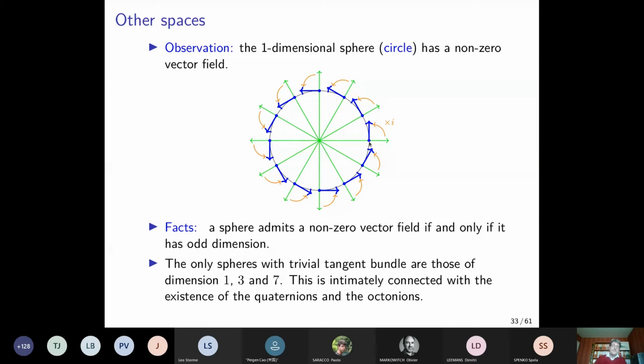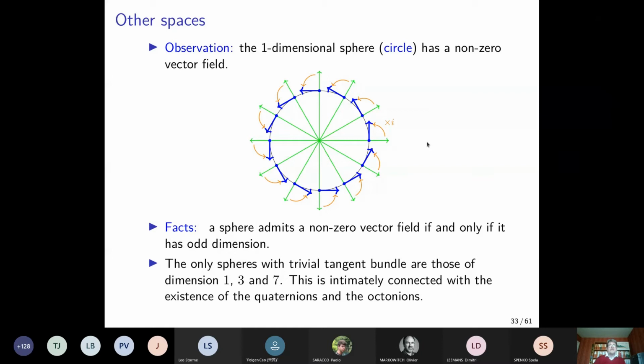The way to get the vector field on the circle is to embed the circle in the complex plane, and then we can get the non-zero vector field by rotating the normal vector field. So the green thing here. And this rotation is multiplication by i.